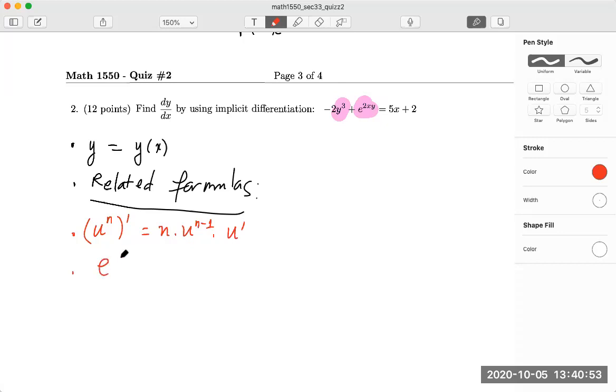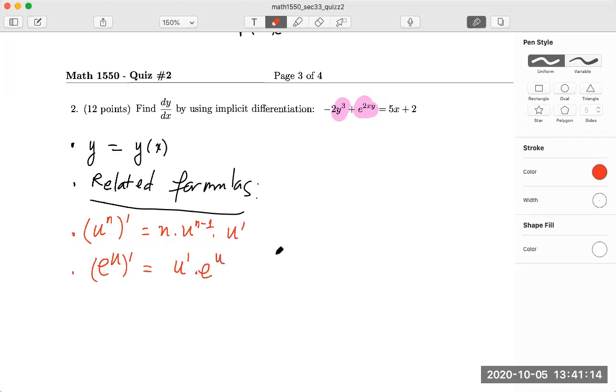Yes, e to the x, or in general, e to the u, right? We can use the chain rule, and what is it? u prime e to the u, okay?